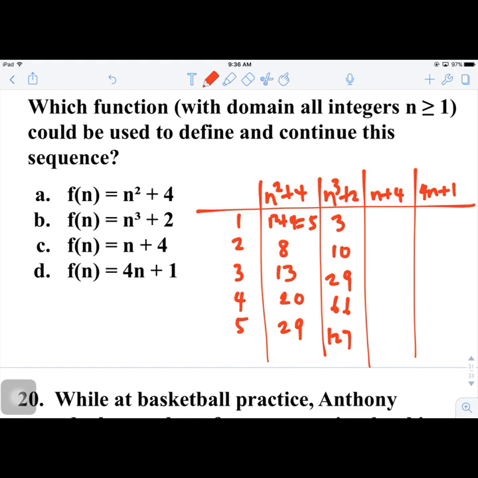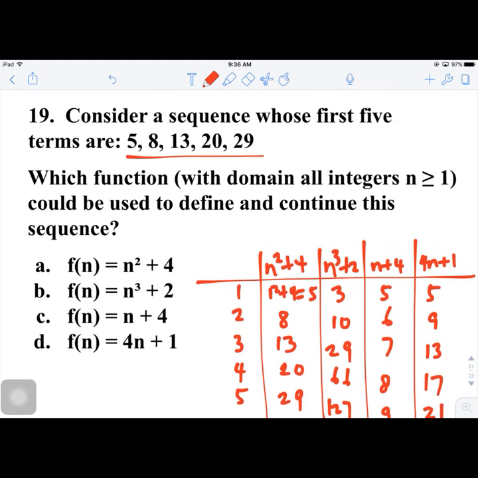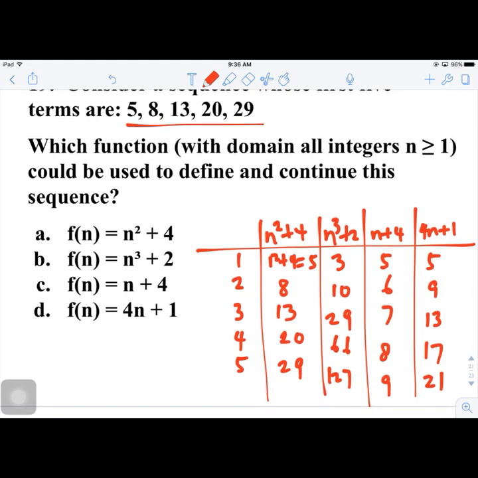And n plus 4, that's 1 plus 4, which is 5 for the first term. 5, 6, 7, 8, 9. And this is going to be 4 times 1, which is 4 plus 1 is 5. 9, 13, 17, and 21. So this is the list of sequences that are produced by the 4 functions, and we're looking for this 5, 8, 13, 20, 29, which means the first function will give us that sequence, and the answer is A.